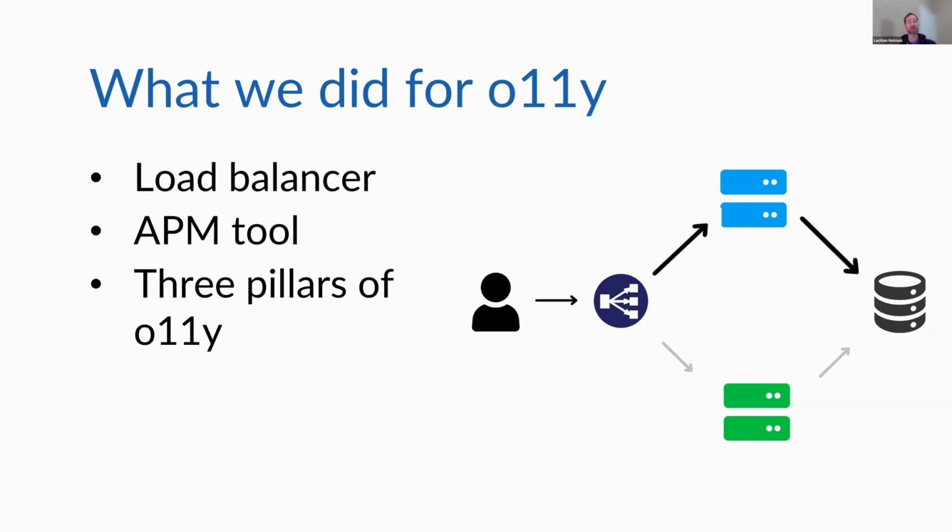And RED stands for rate, error, and duration. Rate is your queries per second, errors being like your 500 HTTP status codes, and then duration is the latency. So we were able to track those with our APM tool, and that put us in a much better position.